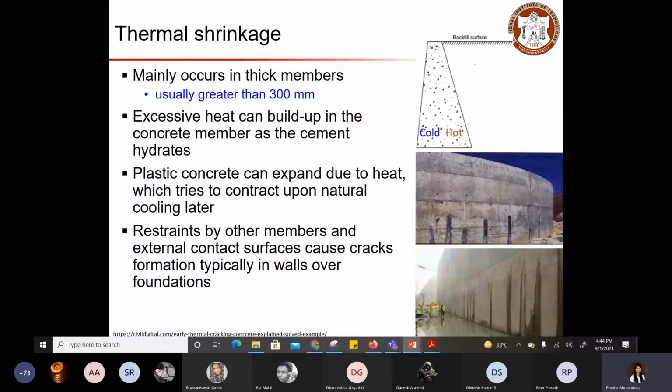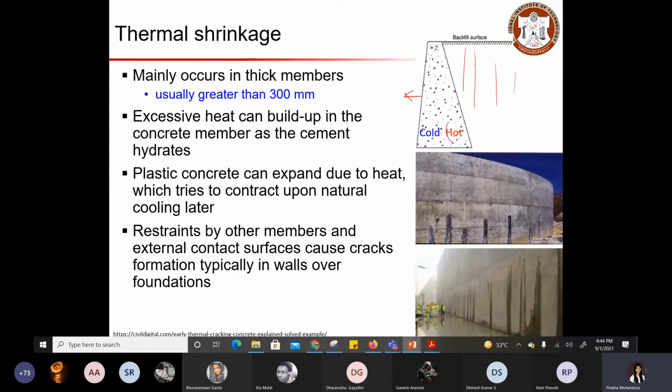So here you can see this basically indicates an embankment, or you can consider this as a retaining wall, and one side of the structure has this backfill, and the other side is exposed to atmospheric condition.